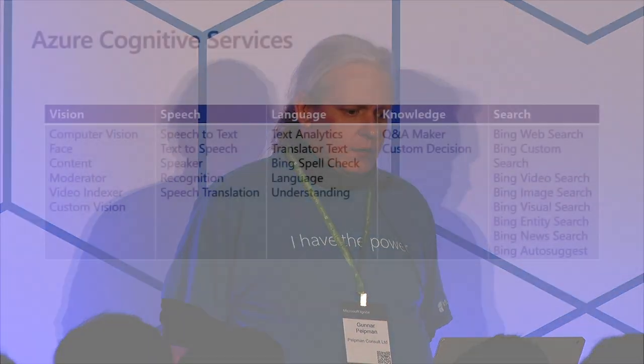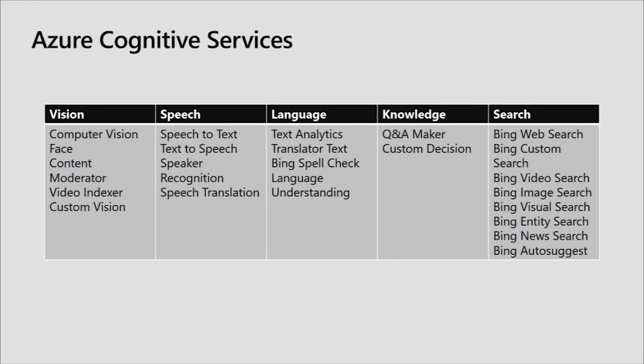Actually, Azure Cognitive Services is a bigger family of intelligence services than just vision. There are also speech-related services, language, knowledge, and search. We are focusing here today on vision services, computer vision, and face recognition.